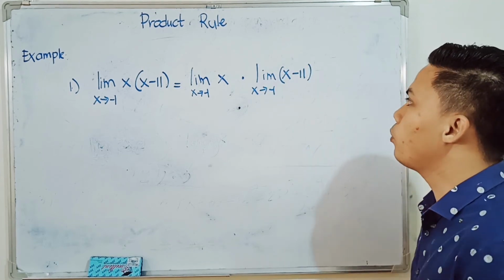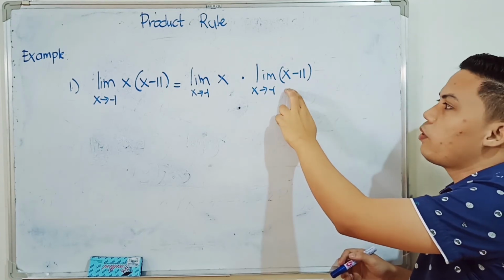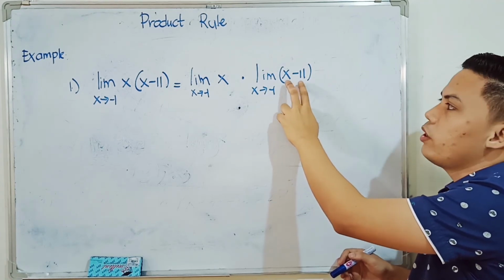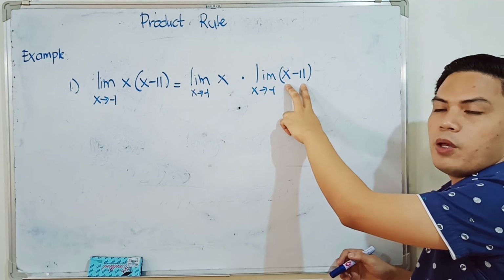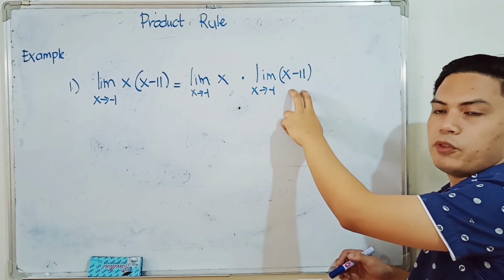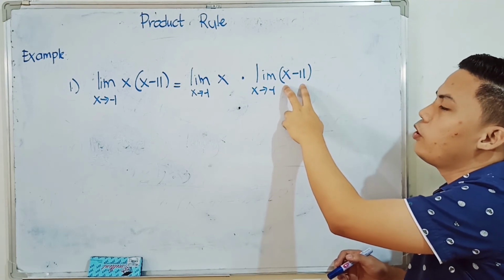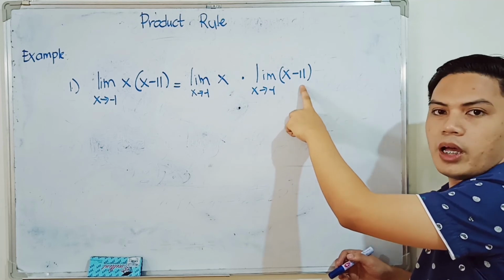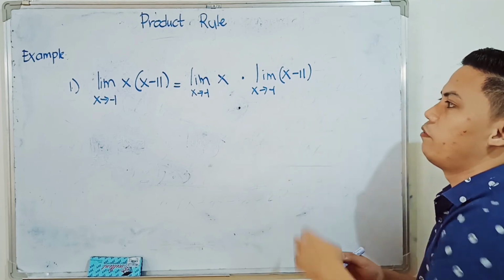And if we're going to notice it, yung second function natin, we have x minus 11. So in this case, sa x minus 11, pwede rin natin i-apply yung difference rule natin. So pwede natin kunin yung limit ni x at yung limit naman ni negative 11.